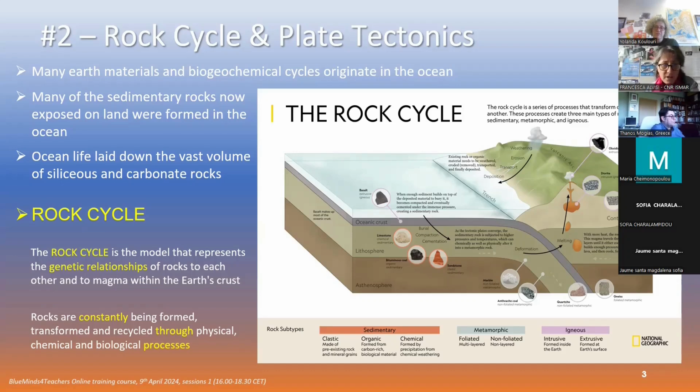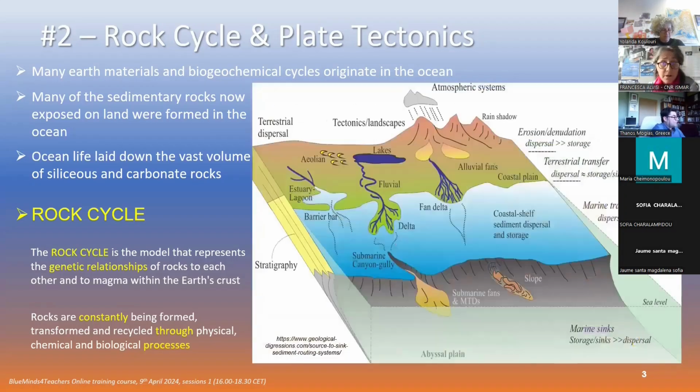The rock cycle is the model that represents the genetic relationship of rocks to each other and to magma within the Earth's crust. Rocks are constantly being formed, transformed, and recycled through physical, chemical, and biological processes. So we have different kinds of rocks, different processes, but all are linked to each other.